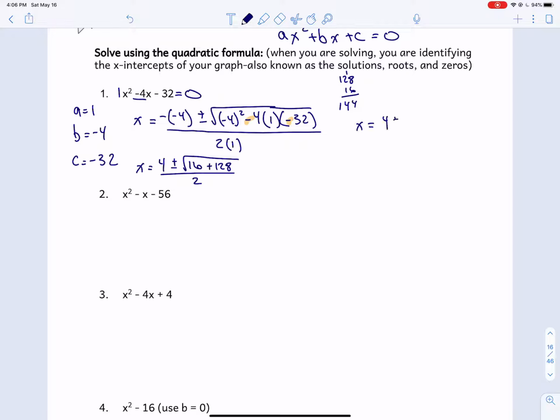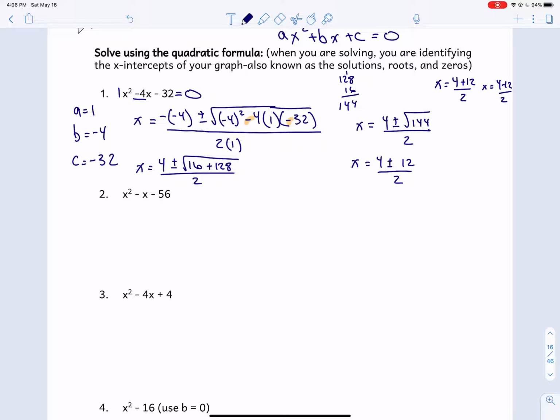That's nice. So we're going to end up taking the square root of that. So 4 plus or minus square root of 144, which we know is 12, right? So x equals 4 plus or minus 12, and that's over 2. So let's split this up into two different answers. X equals, we have 4 plus 12 over 2. And then we have x equals 4 minus 12 over 2.